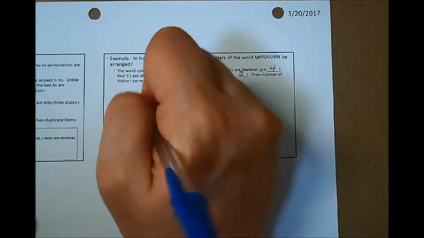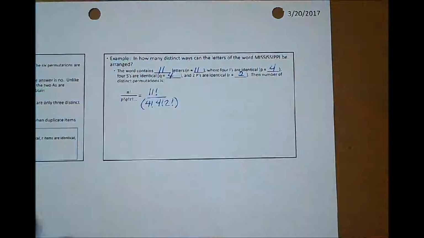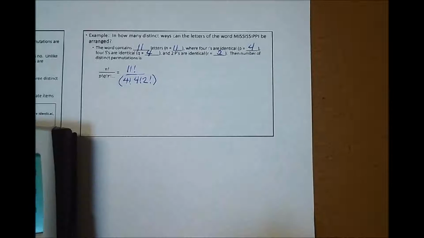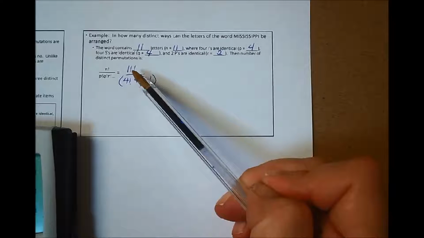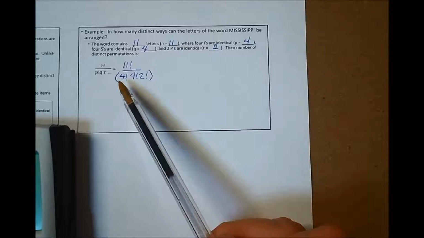Now, you have to put parentheses around that bottom or you're going to get the wrong answer, because otherwise the calculator will do 11 factorial divided by 4 factorial, times 4 factorial, times 2 factorial, and give you a totally wrong answer.